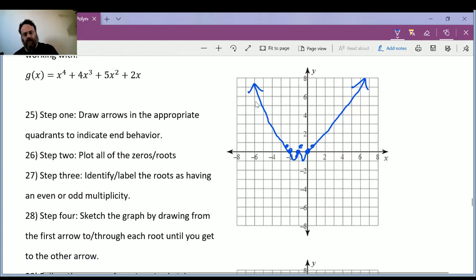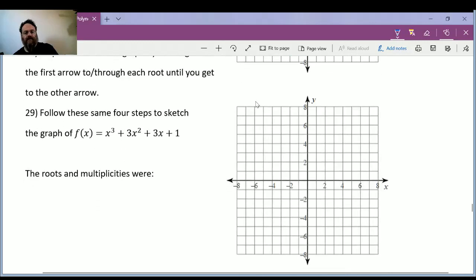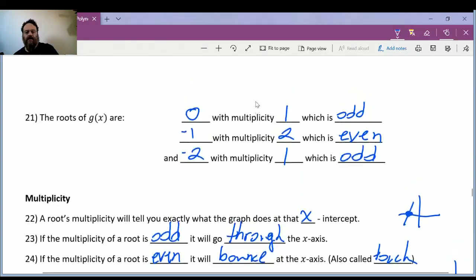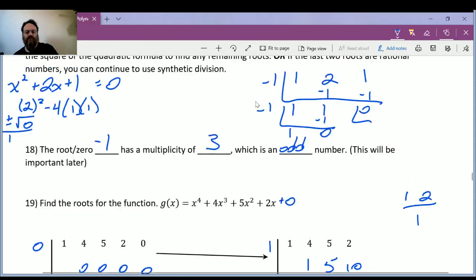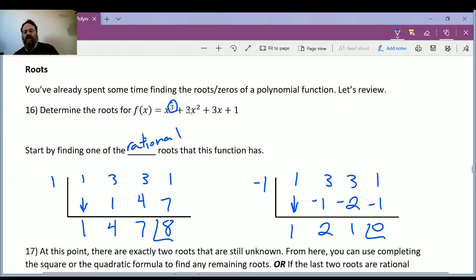And I kind of ignored all those steps here, but you get the idea. So here we go. Follow the same 4 steps to sketch this guy. Okay. Now this one we've actually already done. If we scroll back up to here it is. Okay. X to the third plus 3x squared plus 3x plus 1.